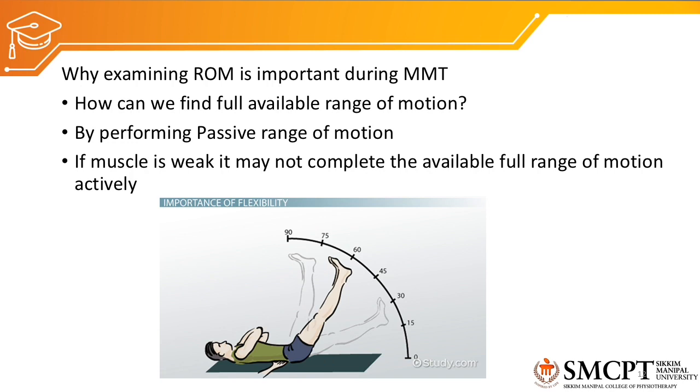You can see in the picture, the patient actively performs hip flexion and is able to complete only 60 degrees. So 30 degrees is the range which is not completed, and it could be because of muscle weakness. Therefore, range of motion is very important for assessing the level of muscle strength or while using manual muscle testing.